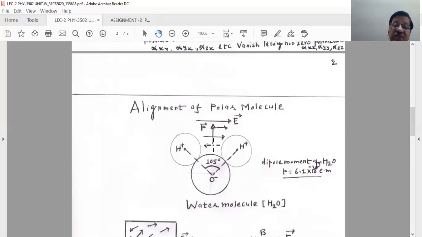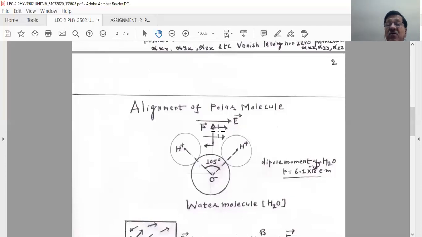Both forces are equal in magnitude but opposite in nature, so the net force acting on the dipole is zero. But since both forces are acting in opposite directions, the molecule experiences a torque.